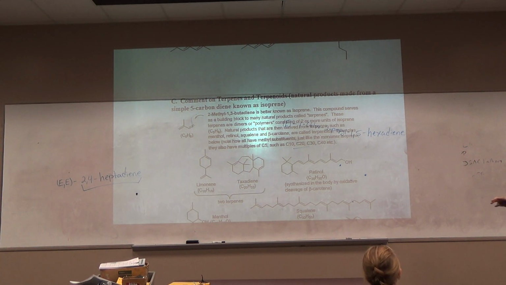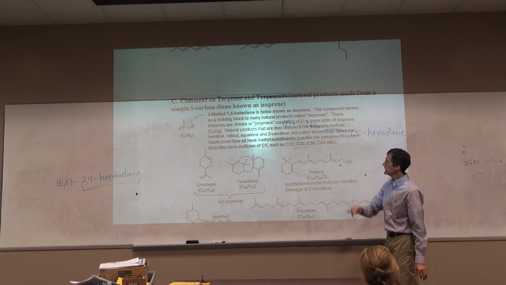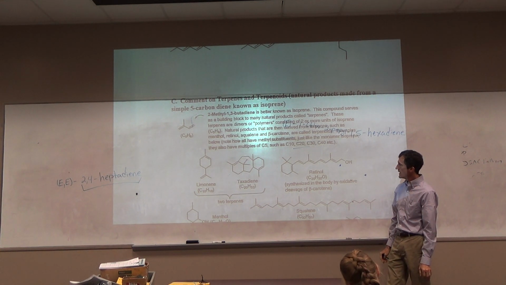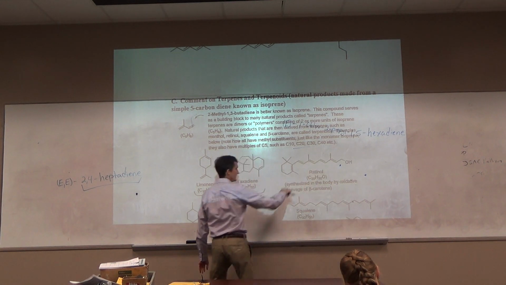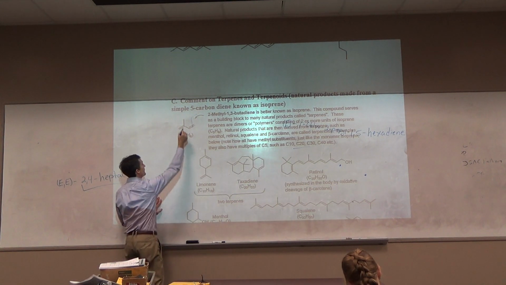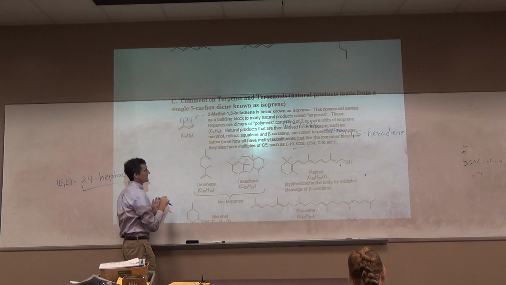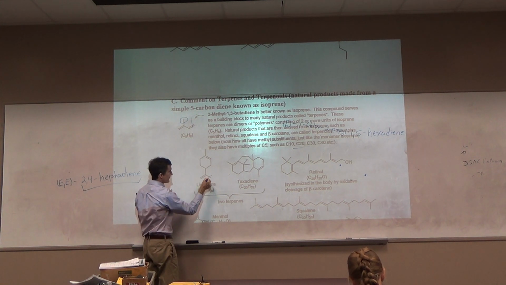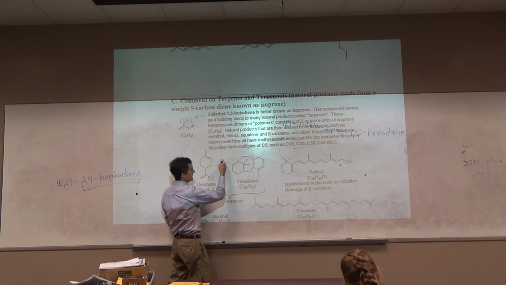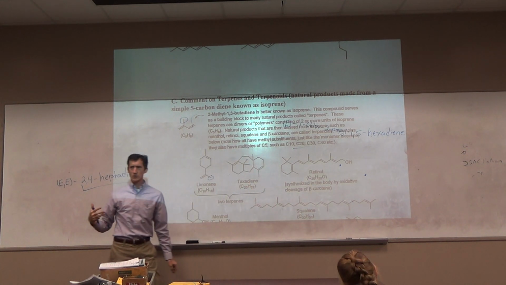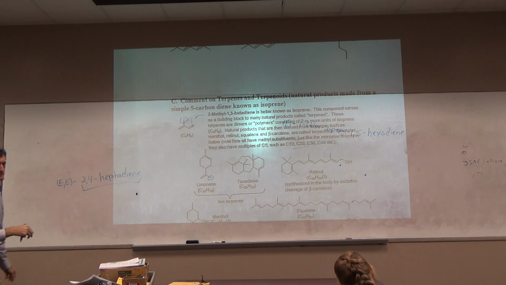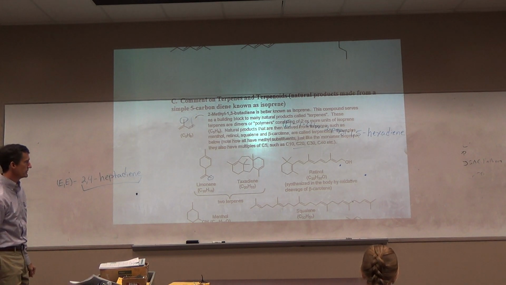If it's not an exact multiple, terpenoid. Because it still came from isoprene, one clue you can tell, anytime you see a natural product, see this methyl group hanging off? You see how lots of these methyl groups are sort of hanging off here? That's sort of a clue that it came from isoprene.